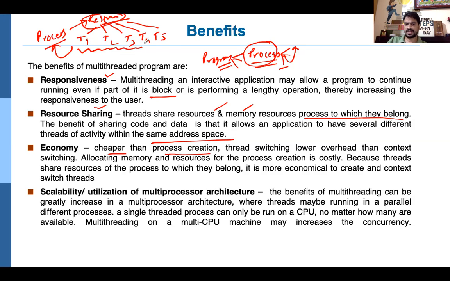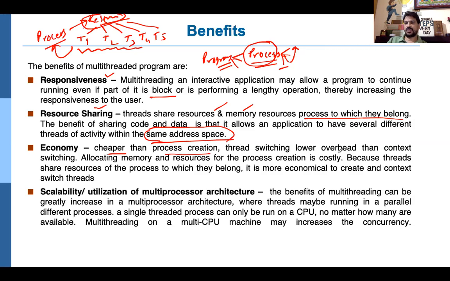Why? What is the reason? The reason is that when we create a thread, we don't have to create a whole memory address space for that one thread. Actually, we are sharing the address space with all the threads. So thread creation is not costly.